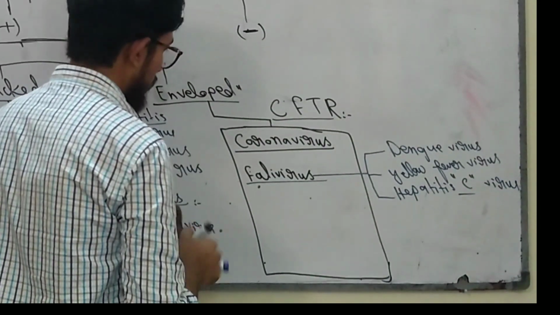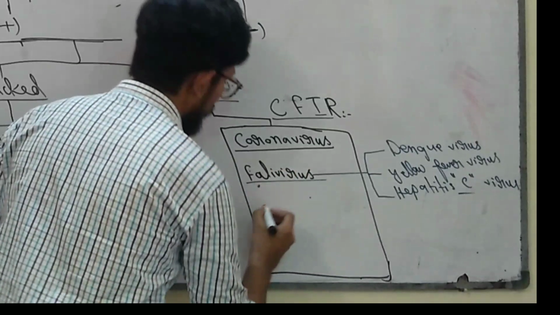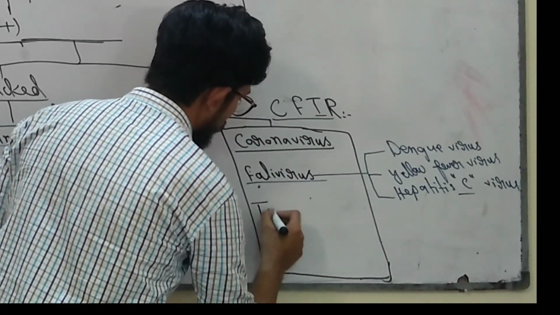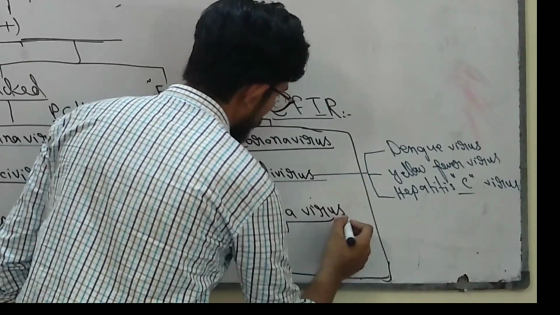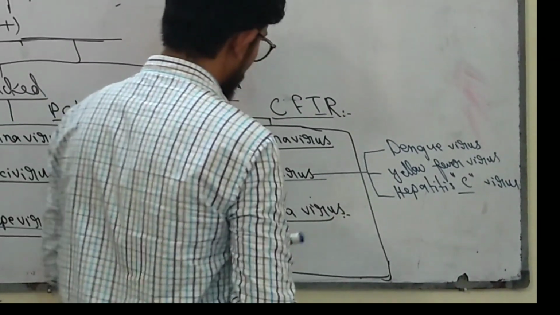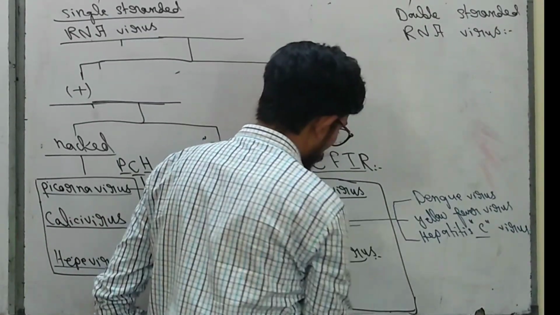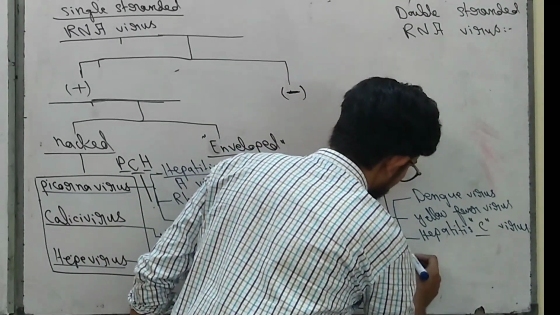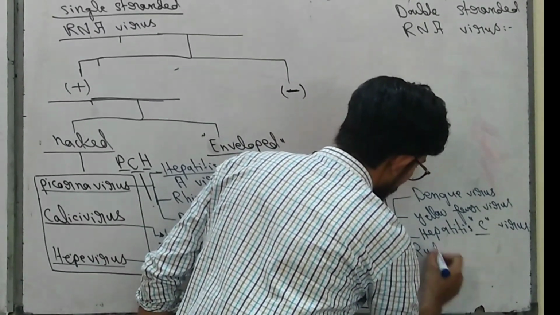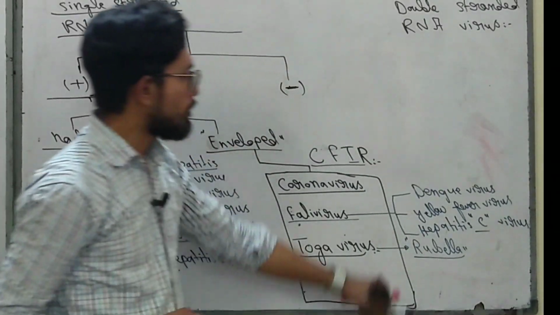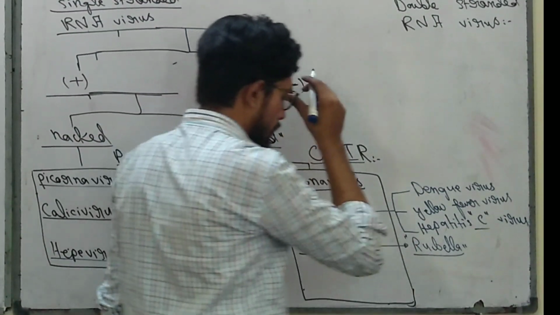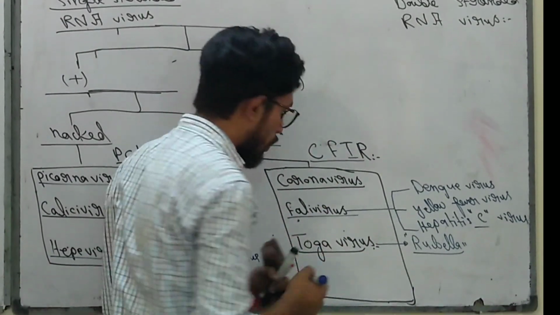Now next is T. T means Togavirus. The most important virus found in Togavirus is rubella virus. Rubella causes a very important disease known as German measles or three-day measles. In this disease, there is a rash on the body.